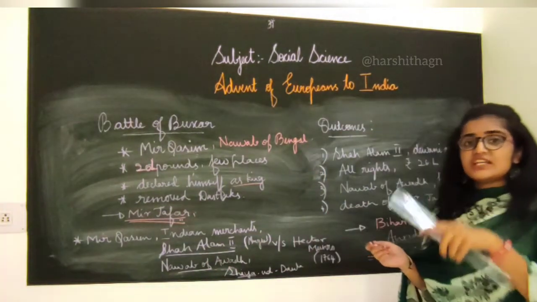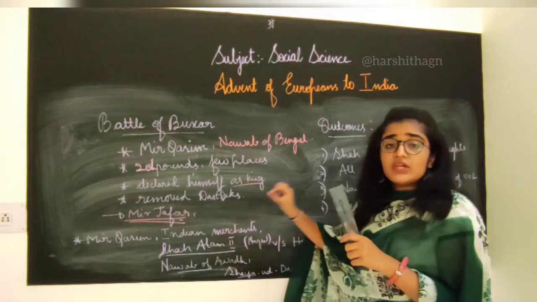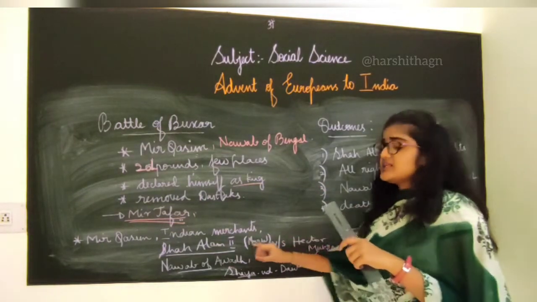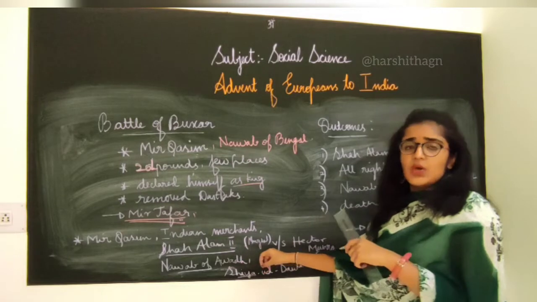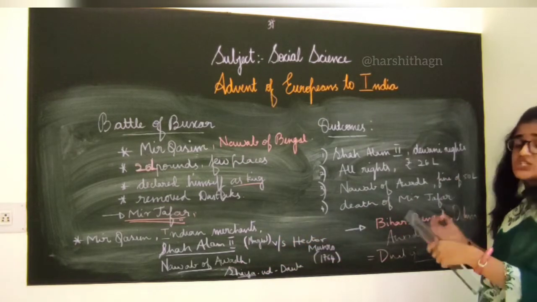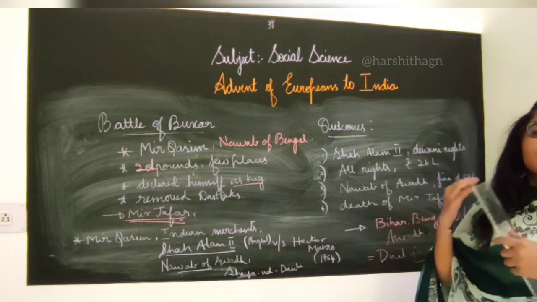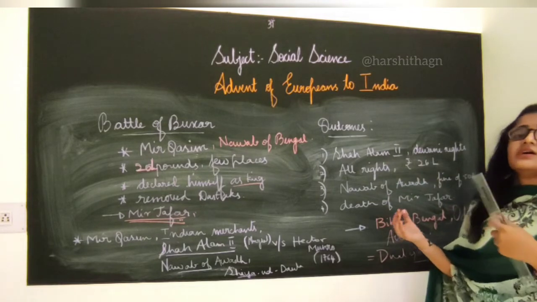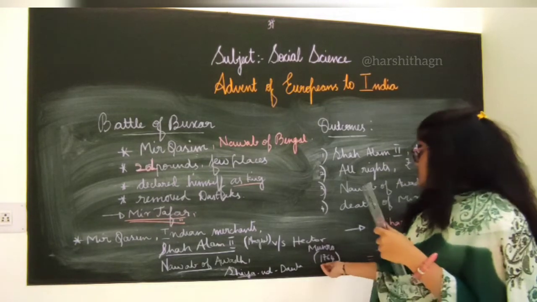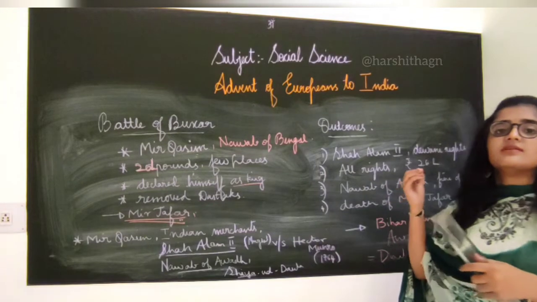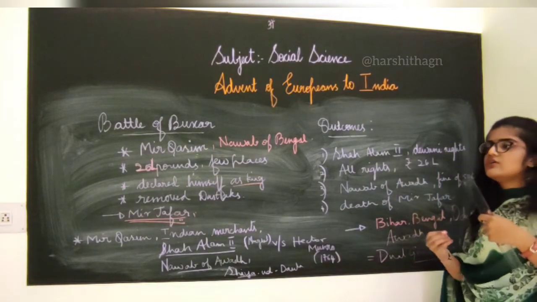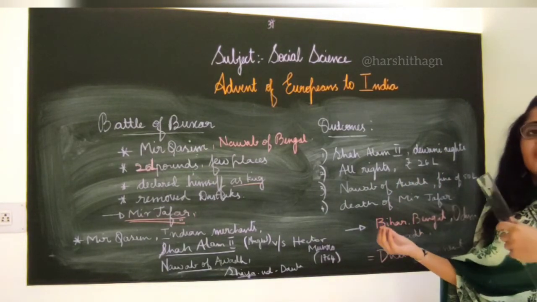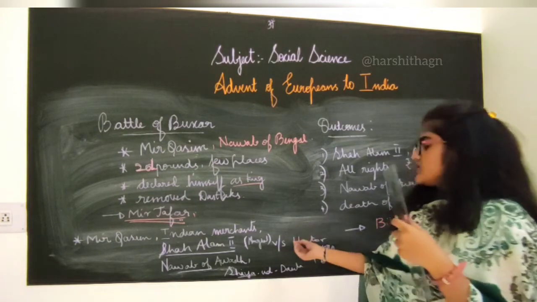With the help of Indian merchants, as well as Mughal Emperor Shah Alam II and the Nawab of Awadh, Shuja-ud-Dawla, he waged a war against them in the year 1764, and the general on the British side was Hector Munro.